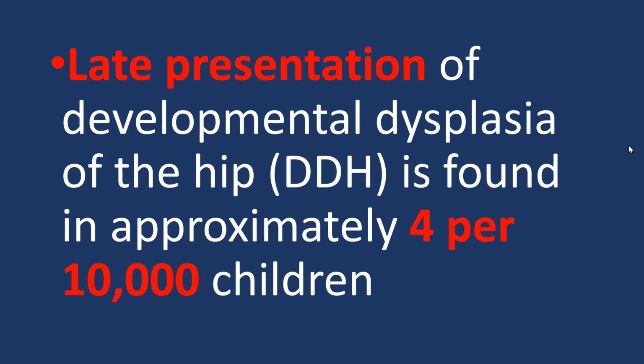Okay? And these are the dislocations that occur with certain anomalies like arthrogryposis, like dystrophic dwarfism, and they call them teratologic hip dysplasia.